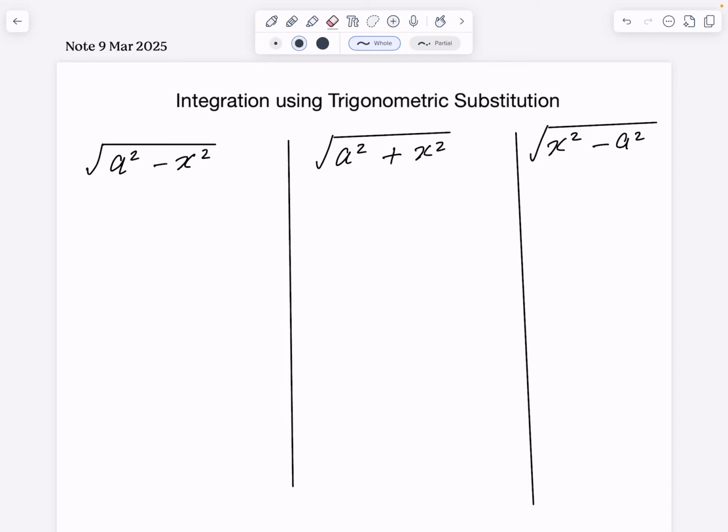Okay, and here we're going to have a sine form, which is going to be x being equal to a sine theta. And now we're going to substitute in the equation that we're having.